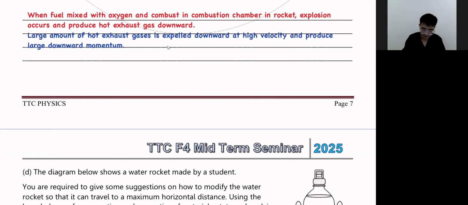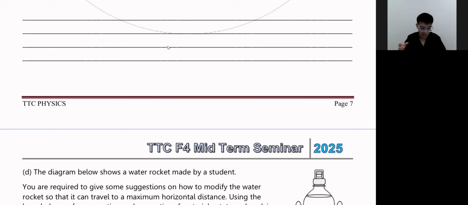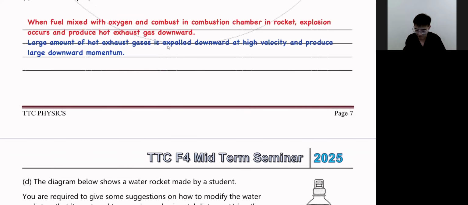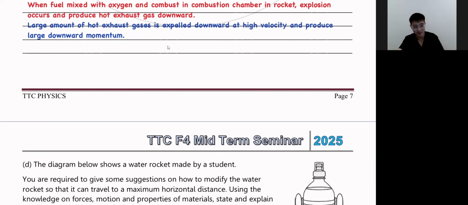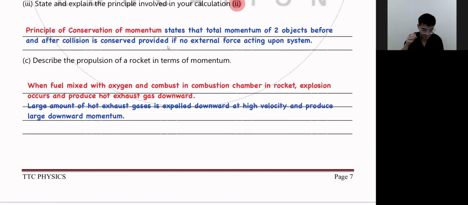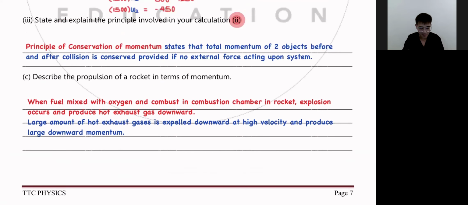Before you say that the rocket will get the upward momentum, you can also explain a bit of the principle, discuss a bit about how you get the upward momentum. Just a bit, you don't have to explain everything, not like how you explained in part B3 just now. Let me show you how.